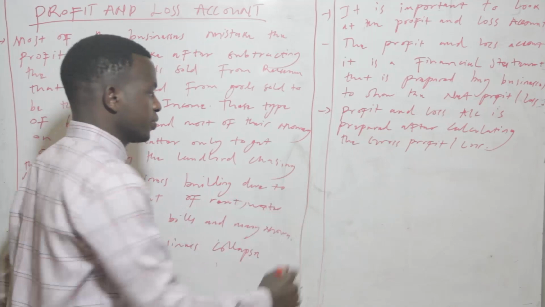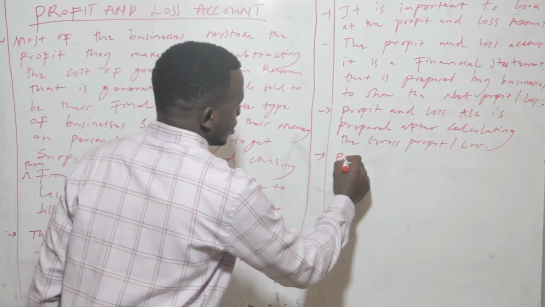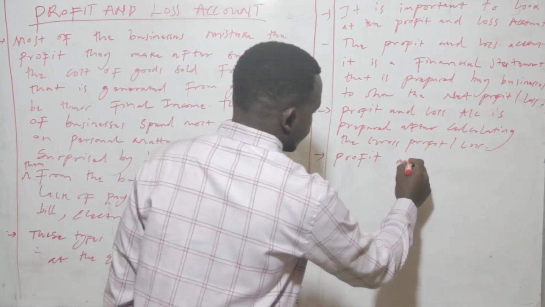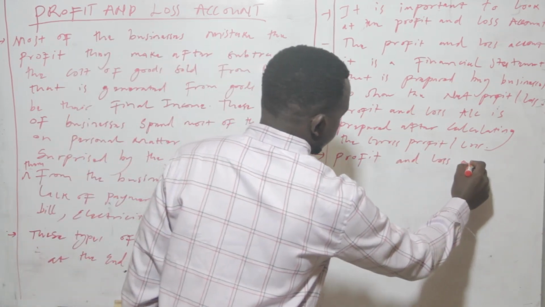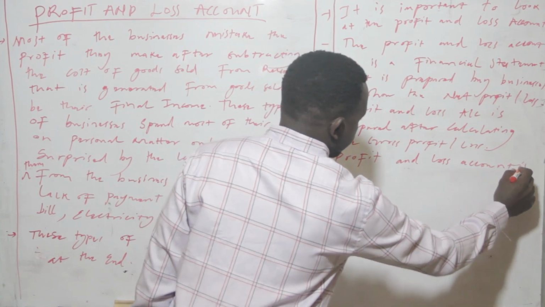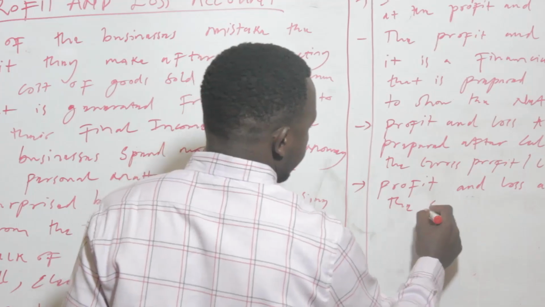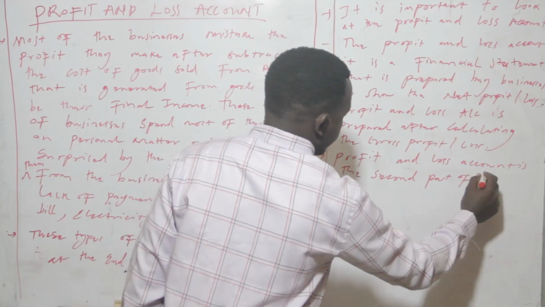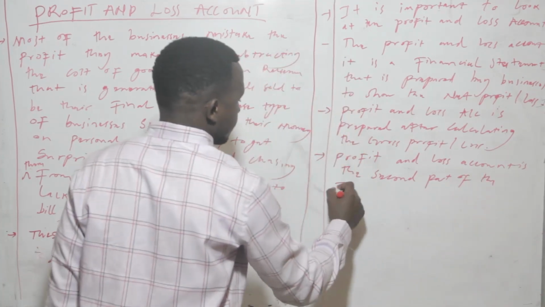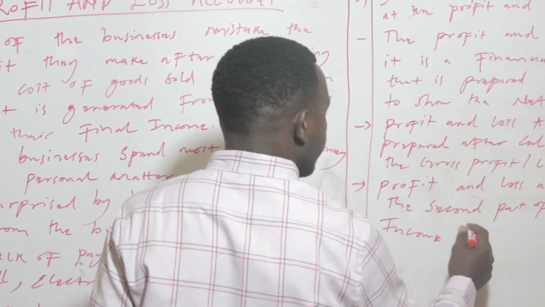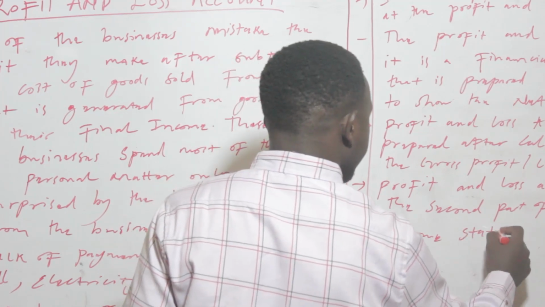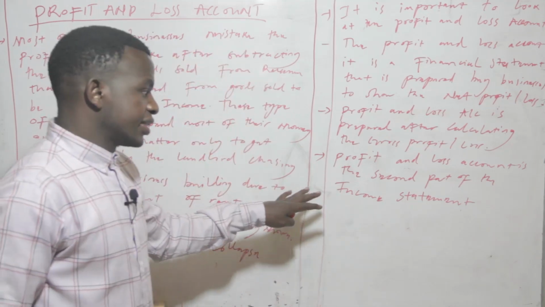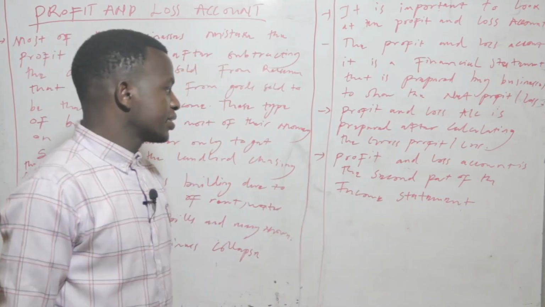And due to this reason, we can say the profit and loss account is the second part of the income statement.